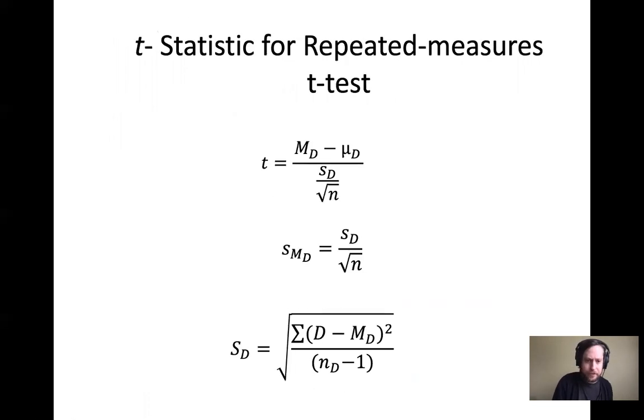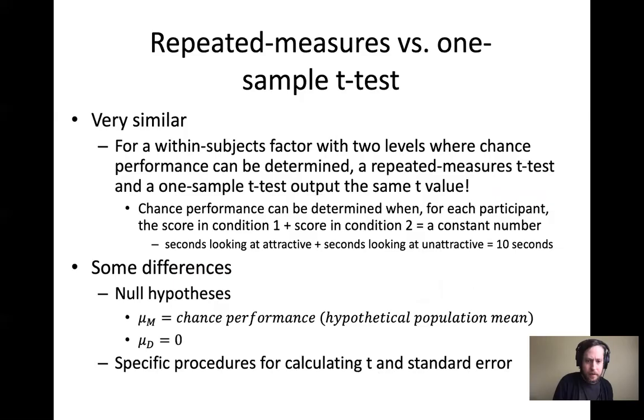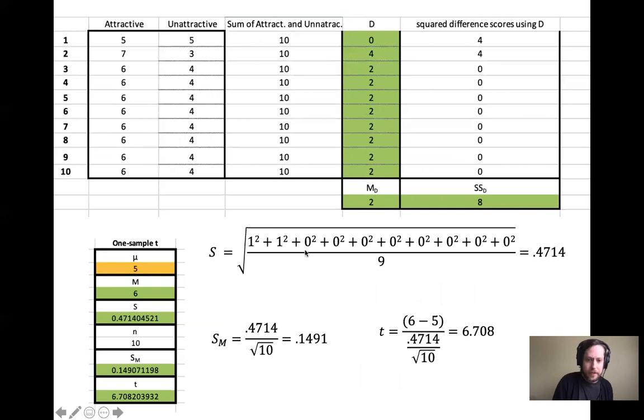And that's what I have shown you right here. So this is the work for calculating sample standard deviation. The way we got this 1 right here is this number 5 minus the sample mean, which is 6, gives you -1. -1 squared gives you 1.